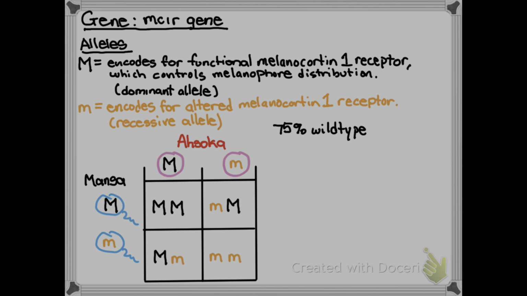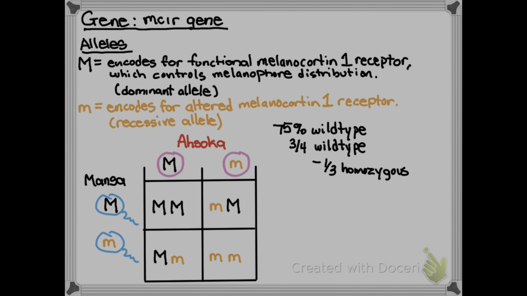And so what that Punnett square shows us is there's a 75% probability that the offspring will have a wild type phenotype. So basically 3 of the 4 possible outcomes are wild type phenotypes.